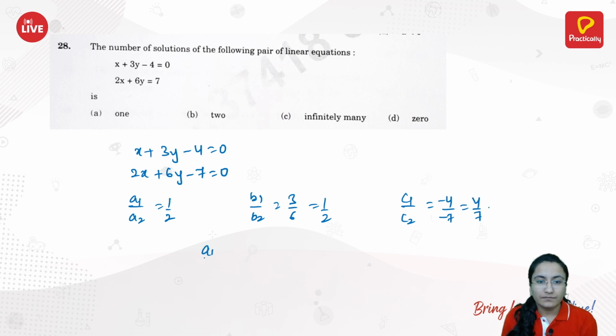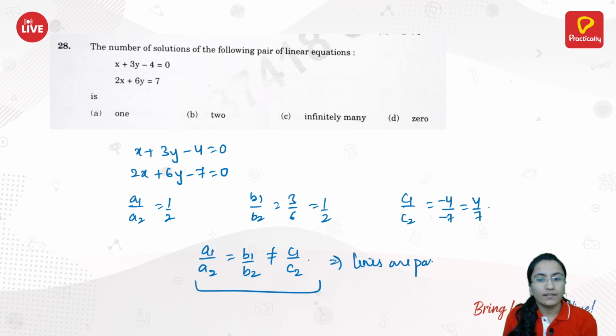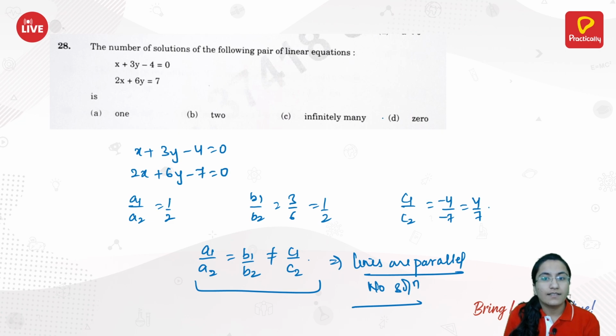You can see a1 by a2 is equal to b1 by b2, but this is not equal to c1 by c2. That implies the lines are parallel. If lines are parallel, you would have no solution. No solution means 0 solutions. So that means option D is correct.